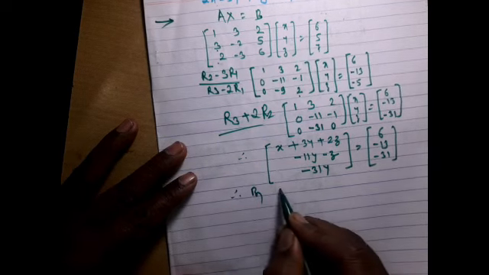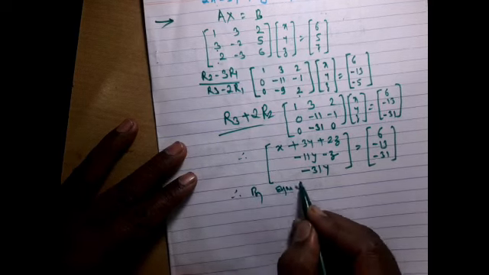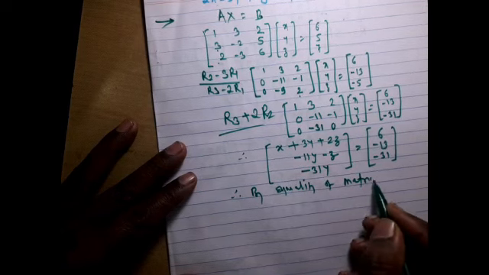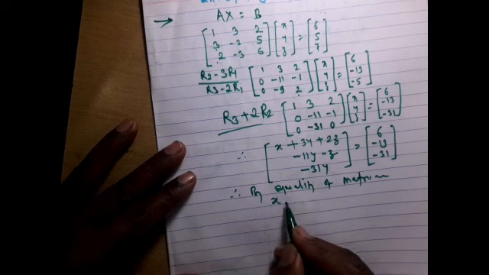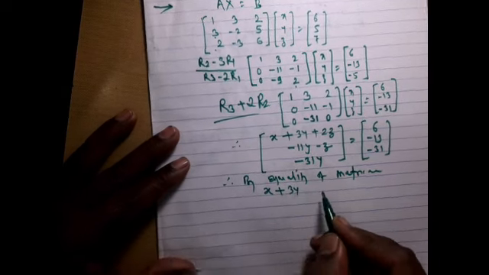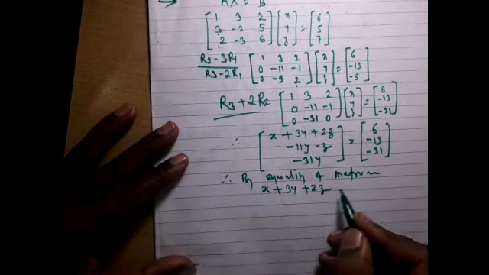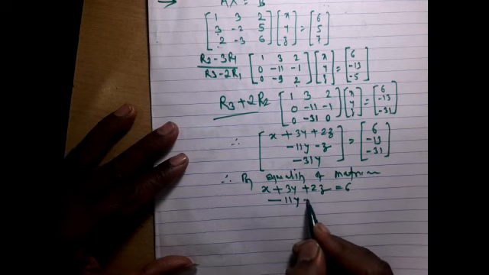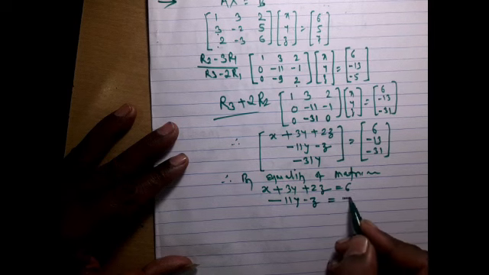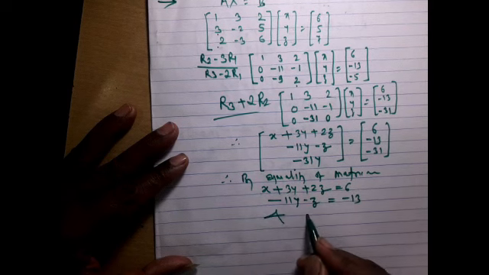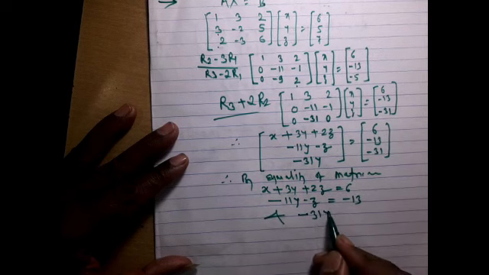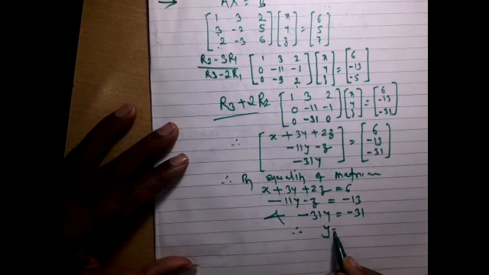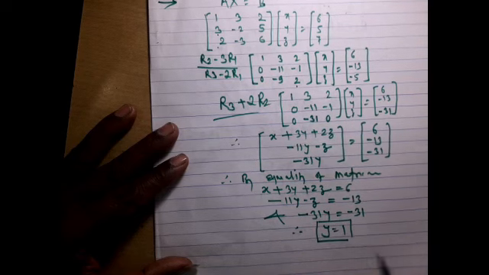Therefore, by equality of matrices, this will be x plus 3y plus 2z is equal to 6. Second, minus 11y minus z is equal to minus 13, and third, minus 31y is equal to minus 31. Therefore y is equal to 1.